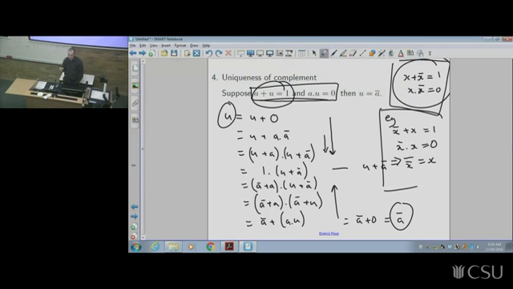Because x satisfies the results for being a complement of x bar, the double complement is actually equal to x. That essentially proves that result. So that's one of the special results: the double complement is the original value again. And that's one of the very few rules that don't come in pairs.